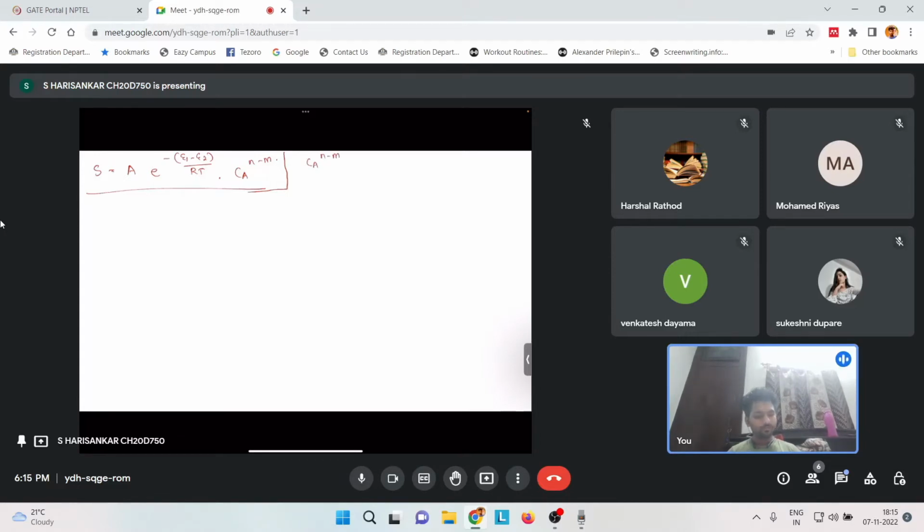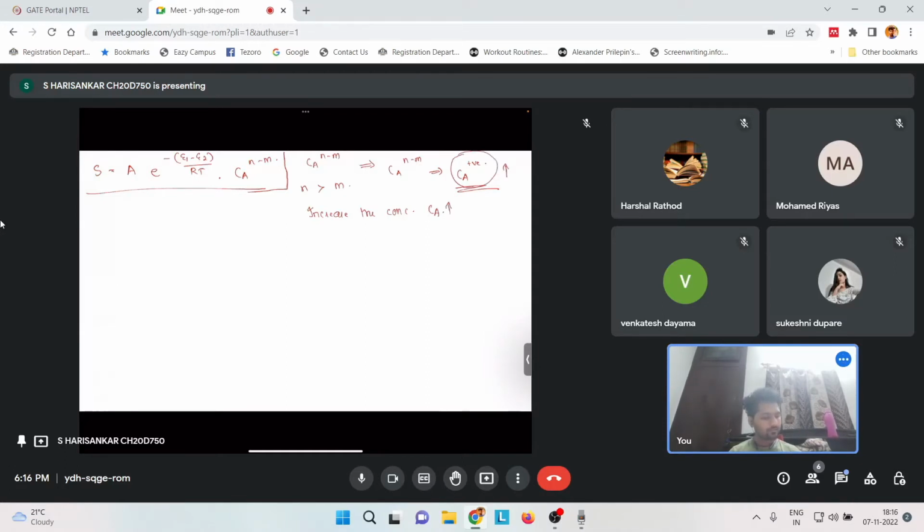So now, let's say order N is greater than order M. In that case Ca raised to N minus M will be Ca raised to a positive integer, right? So if the order of N is greater than order of M, if we increase the concentration, if we increase this Ca, this whole term will go up also, right?